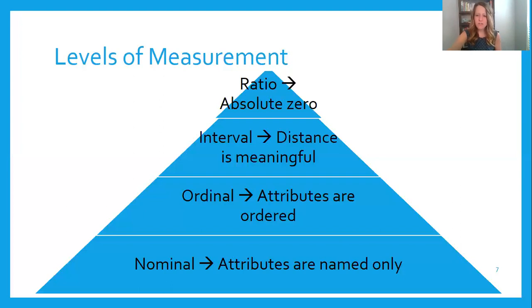With ordinal levels, these aren't common in our field. We don't typically encounter ordinal level variables in psychology. But with ordinal levels of measurement, cases or attributes are rank ordered. So think about valedictorians and salutatorians. The valedictorian had the highest GPA.